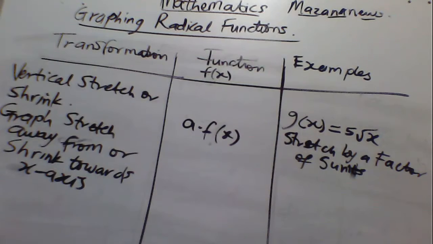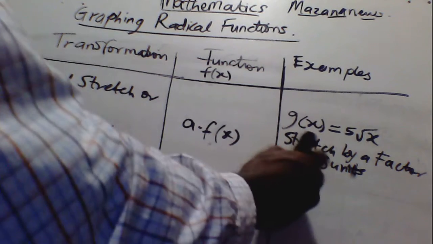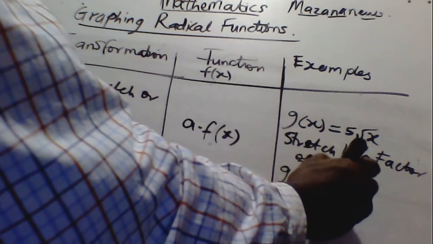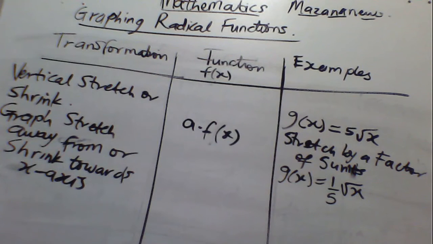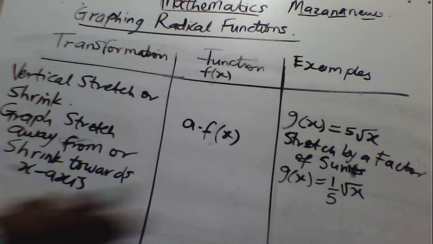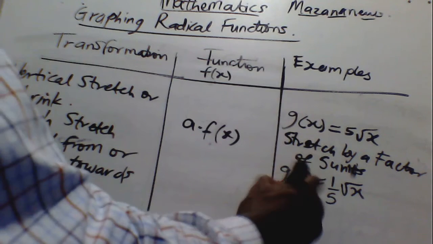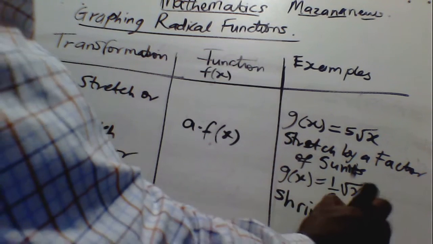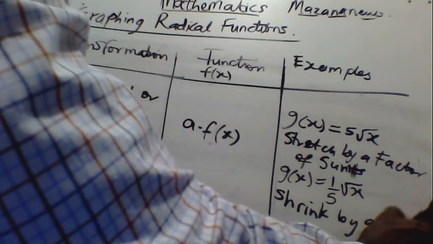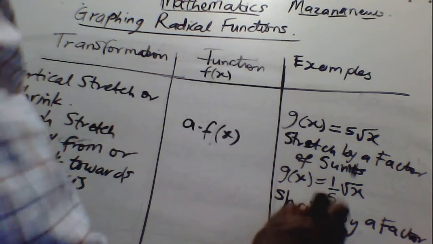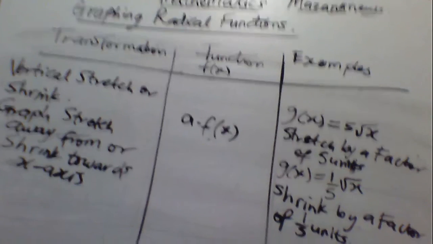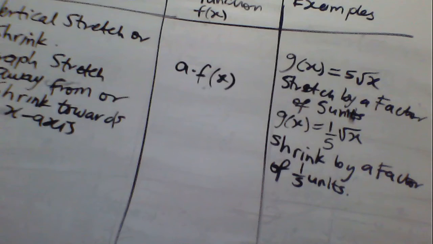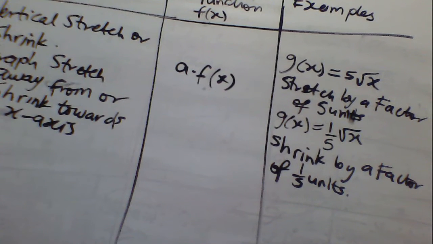If we have g of x equal to 1 over 5 times root x, this will shrink by a factor of 1 over 5 units. So this defines vertical stretch and shrink.